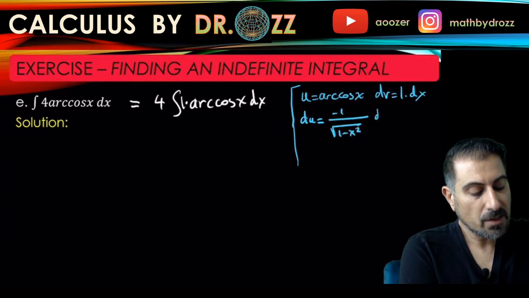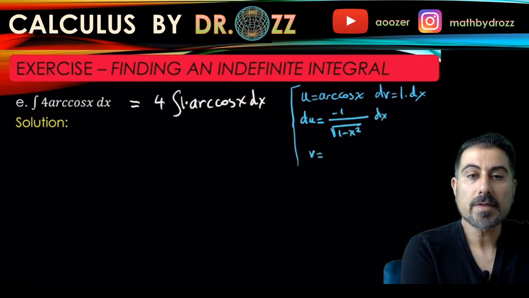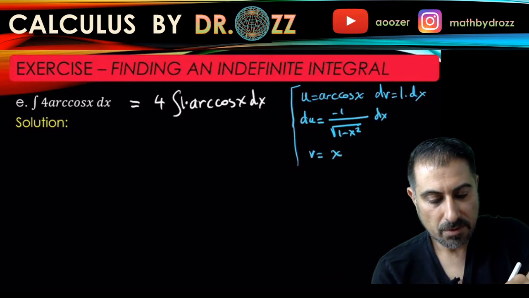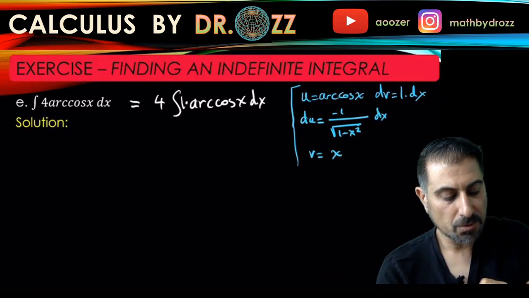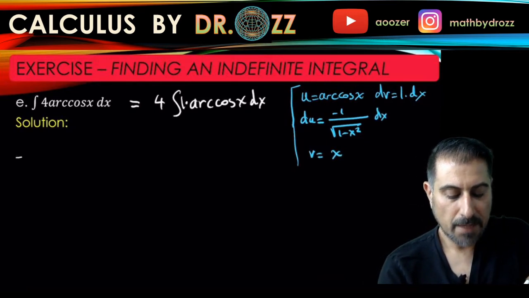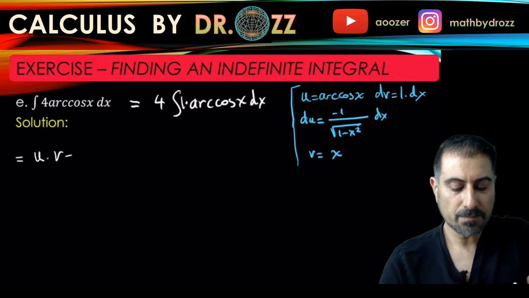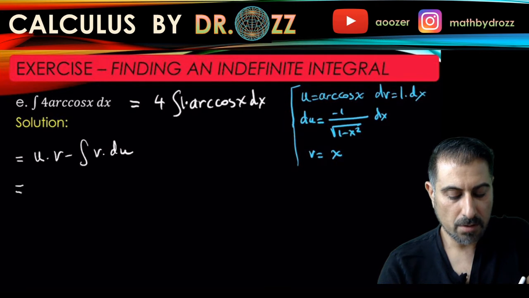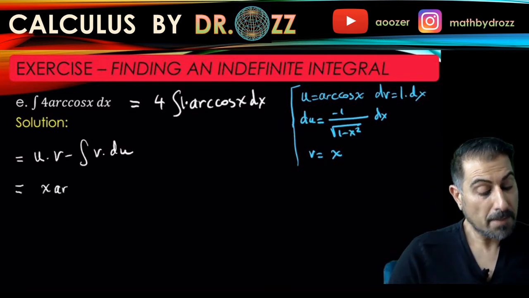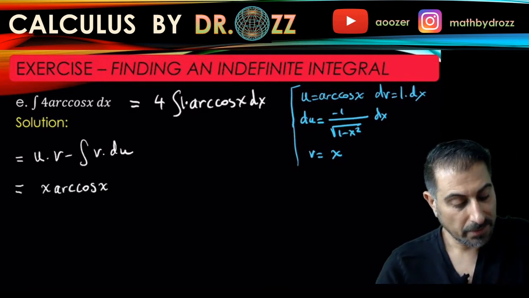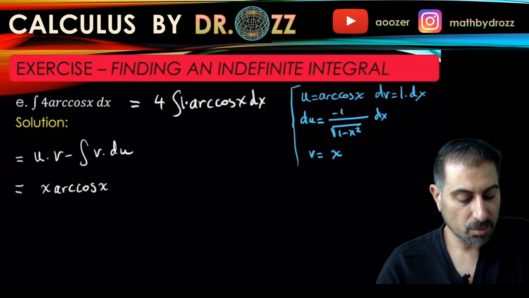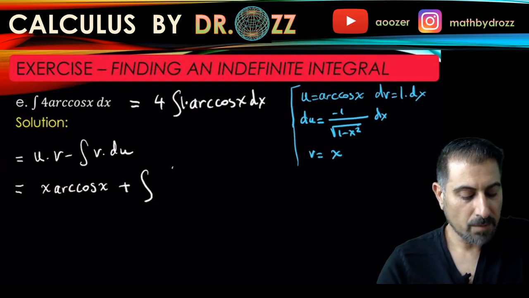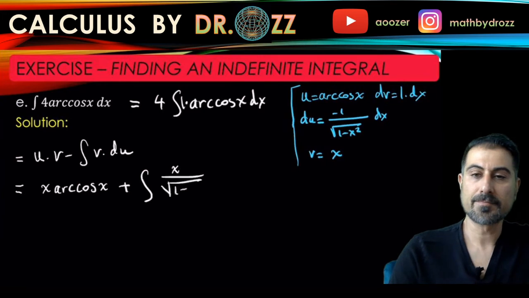And here v is just x. Now that allows me to use the integration by parts formula, which is u times v minus integral of v times du. Here we go: u times v, x times arc cosine x, minus v times du. You have another minus sign over there, so it's plus x over radical 1 minus x squared dx.